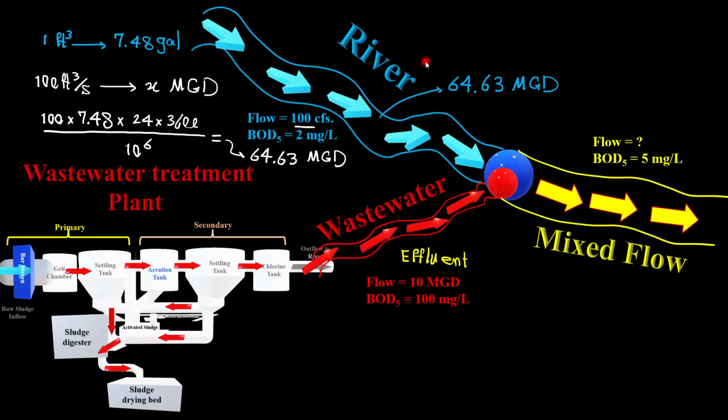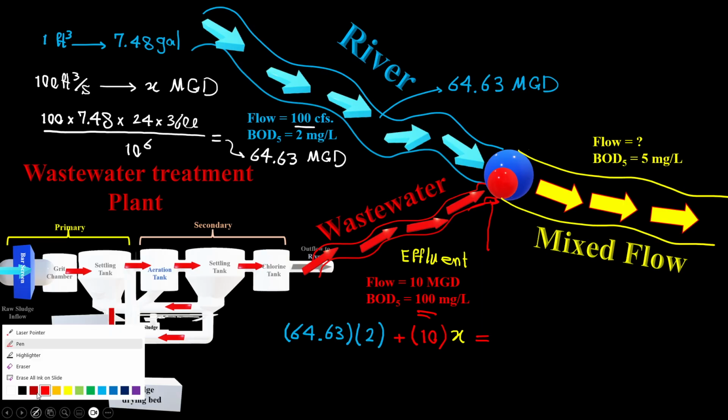Now both flows are in the same unit, mgd, and we can easily write down the equation: the river flow times the concentration of its BOD plus the wastewater flow in mgd times its concentration. But be careful, this is the concentration just before entering the river, so it's not 100.